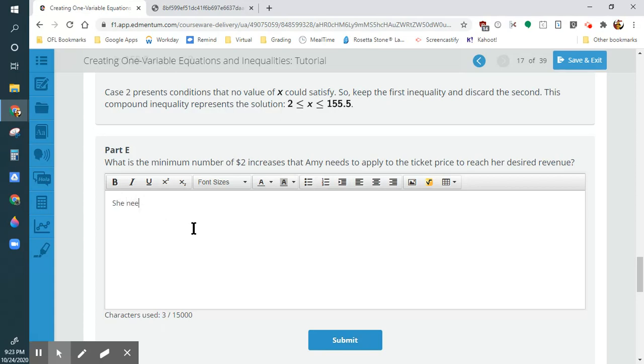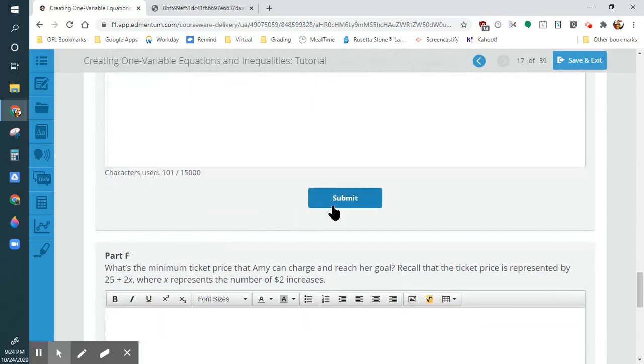She needs a minimum of $2 increases to reach the desired amount, which is an increase of $4 overall. So she has to increase it twice. It's $4. I think I even said that when I was kind of working this out.